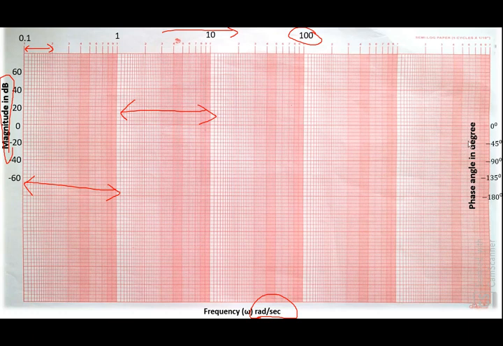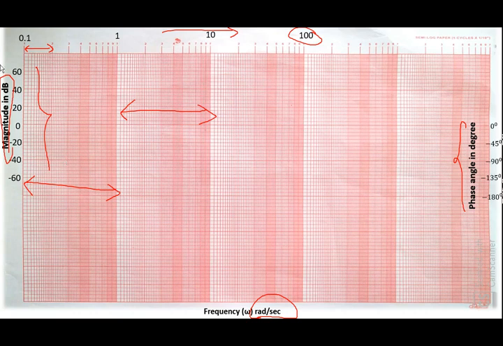And here, note the phase plot. This is the magnitude plot, and this is the phase angle plot. You can mark the phase angle values on the left-hand side as well as the right-hand side. It is based on your convenience. I'll be marking the phase angles on the right side and the magnitude on the left side, because we need to avoid overwriting of the magnitude and phase angle values.